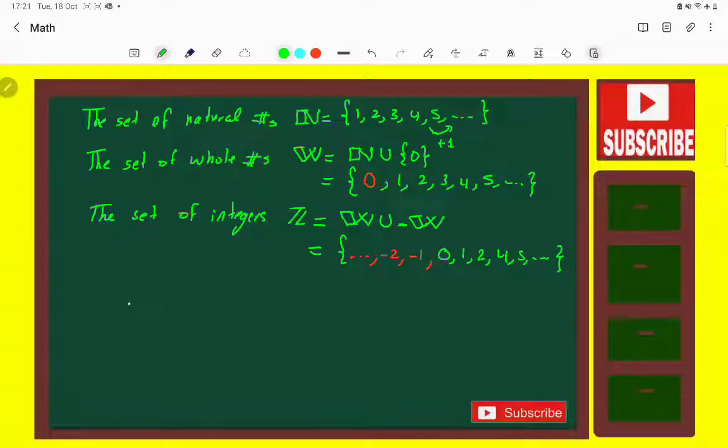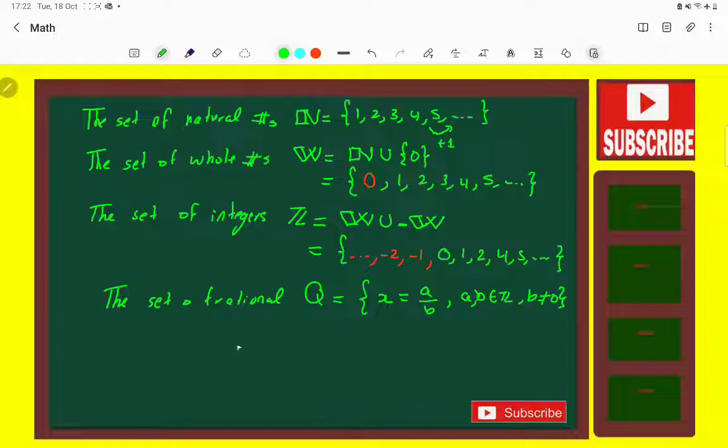The next set is the set of rationals, and it's denoted by the letter Q. This set can be defined as x equals a over b, or a fraction, such that both a and b are integers and b is a non-zero integer.